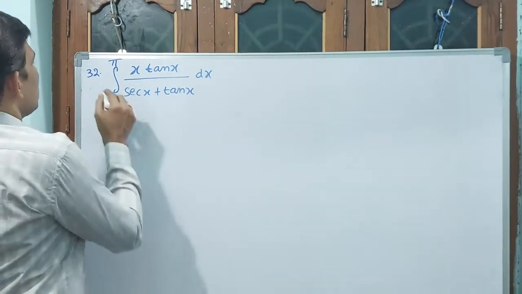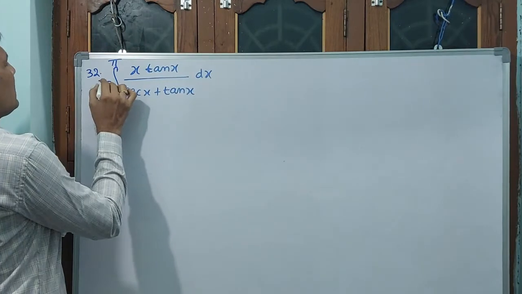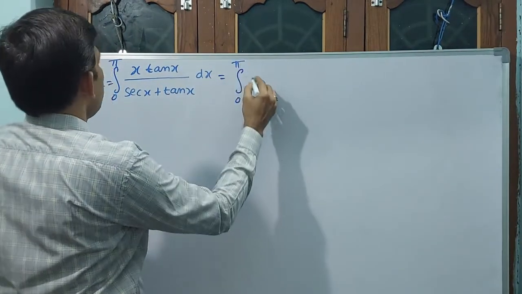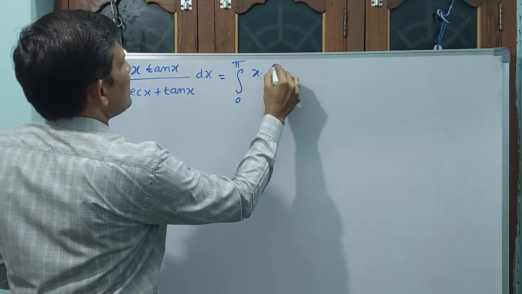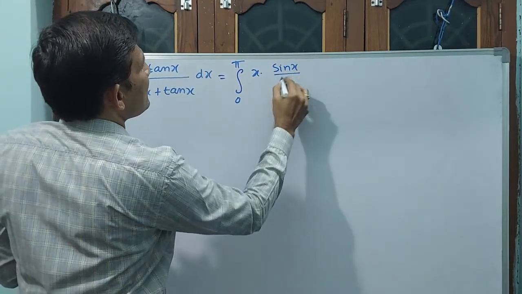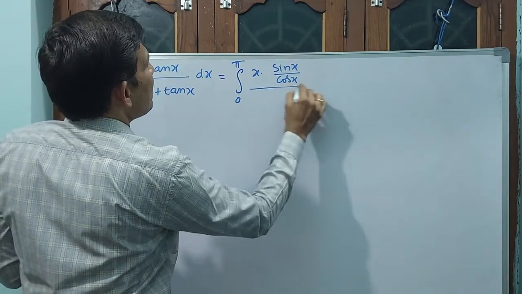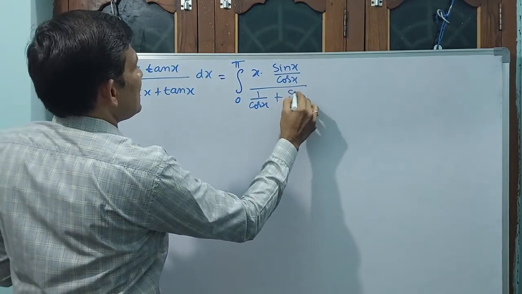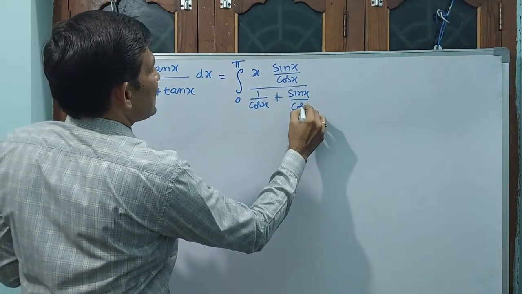Okay? Let me take this as I. See what I am doing. 0 to pi x into sin x by cos x divided by 1 by cos x plus sin x by cos x.